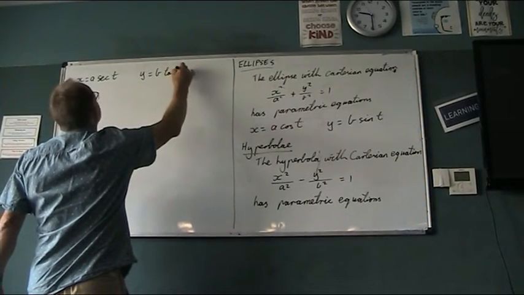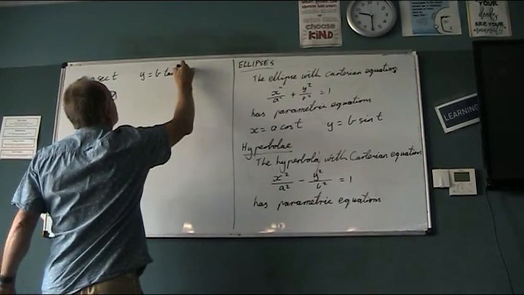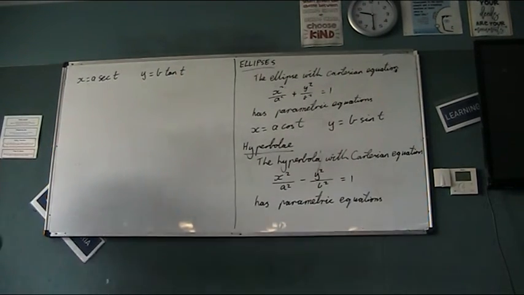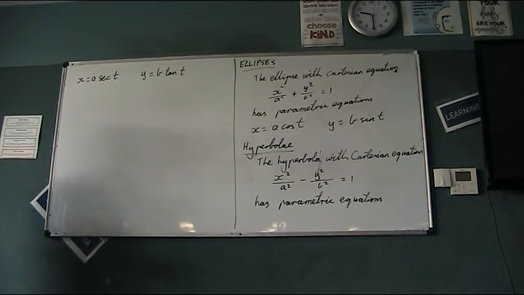A is still the radius, yeah, axis. Semi-major, semi-minor axis for the a and the b, yeah, that's right.